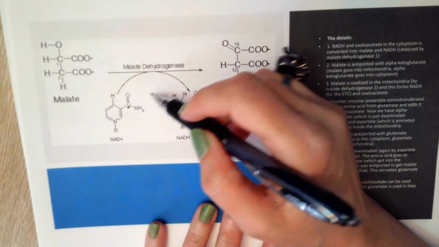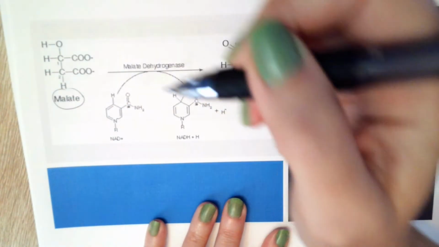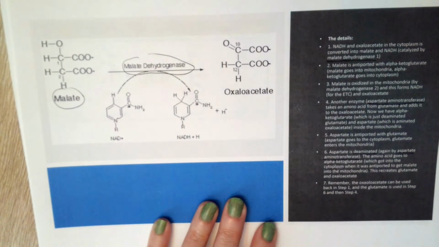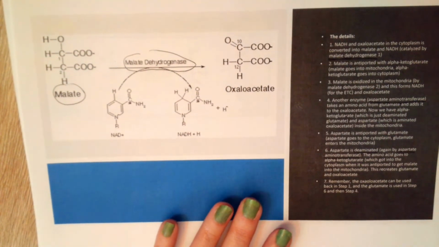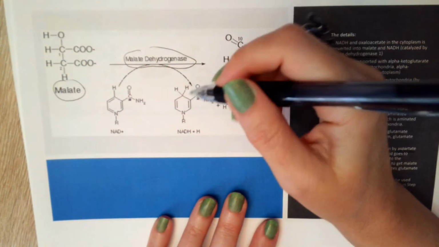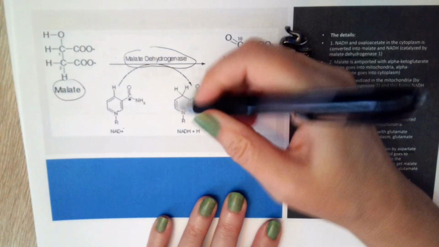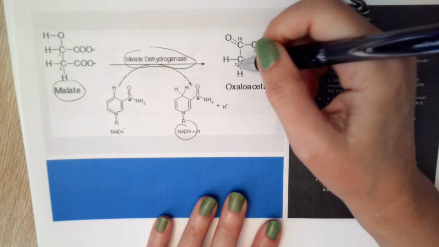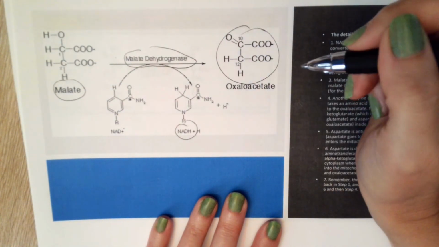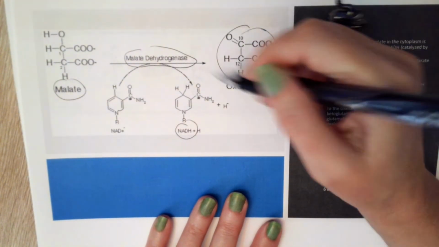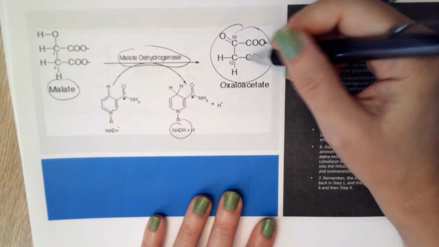So we can see that here. Here's malate. Here's malate dehydrogenase, which is going to take a hydrogen off of malate, give it to NAD+, so that we have NADH, leaving us with oxaloacetate. So that's step number 3.